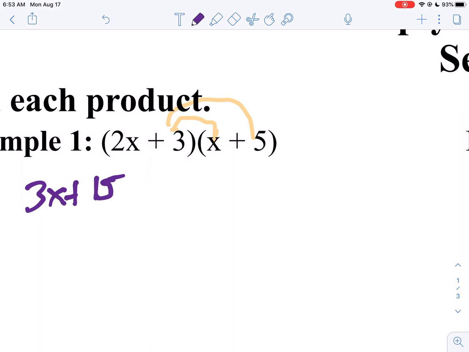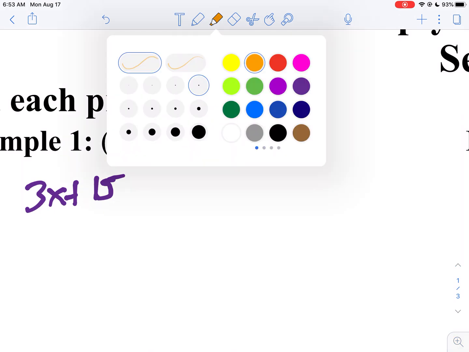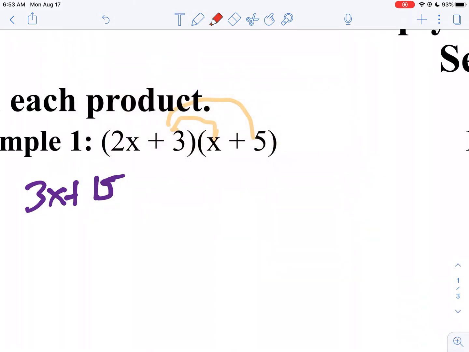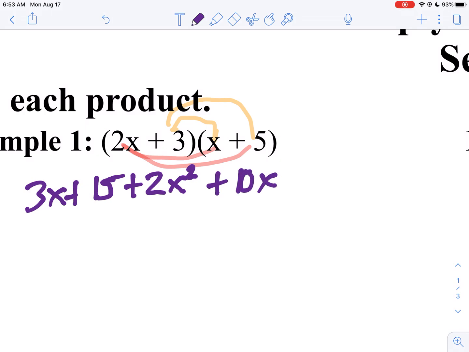Now I'm going to turn around and do the same thing for the 2x. I'm going to take 2x times x and 2x times 5. Well, 2x times x, that's 2x squared. 2x times 5, that's 10x.